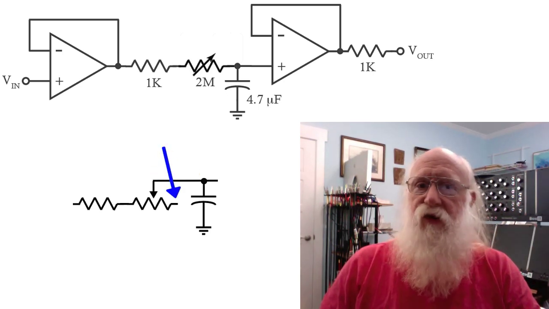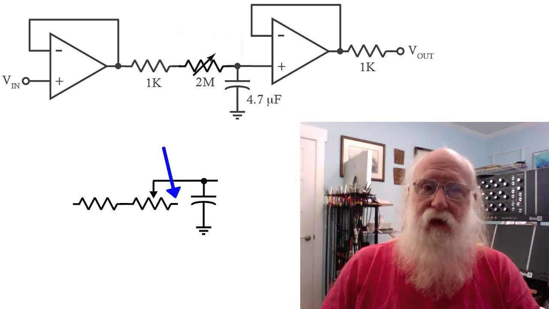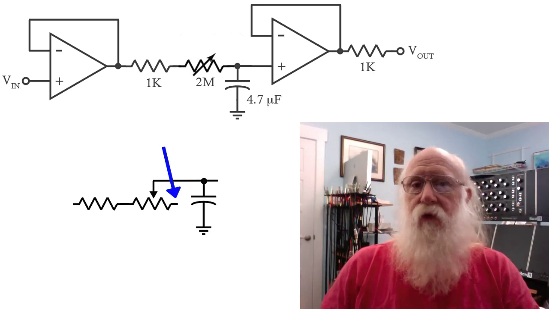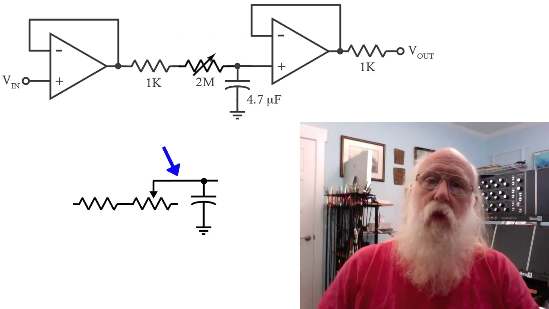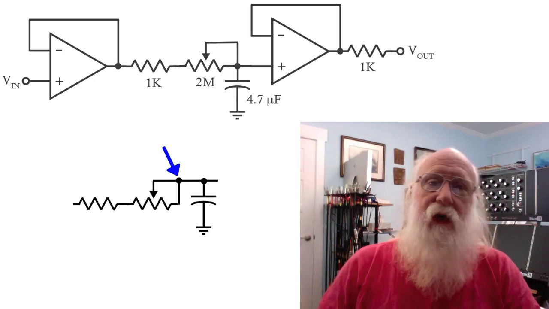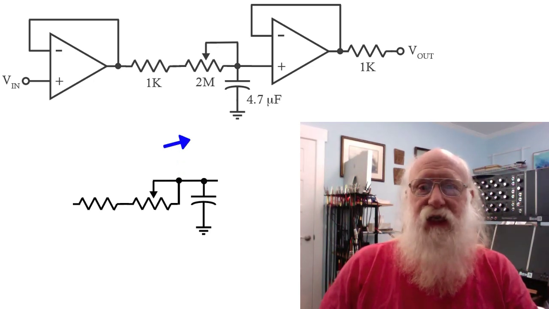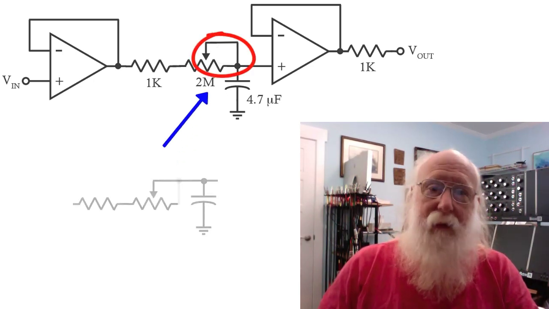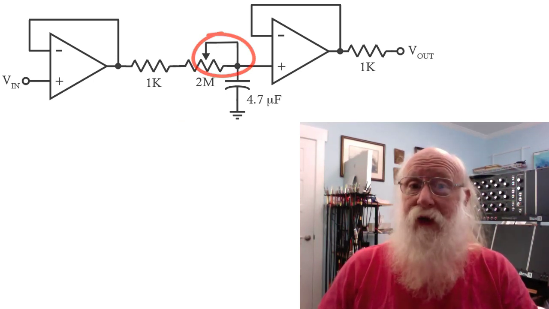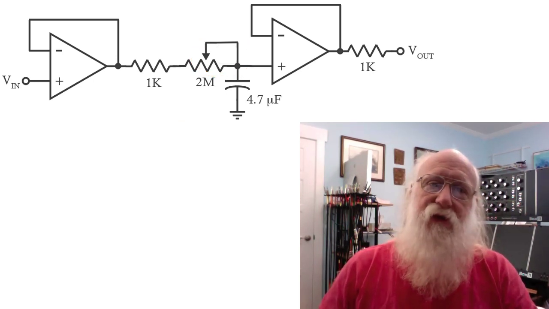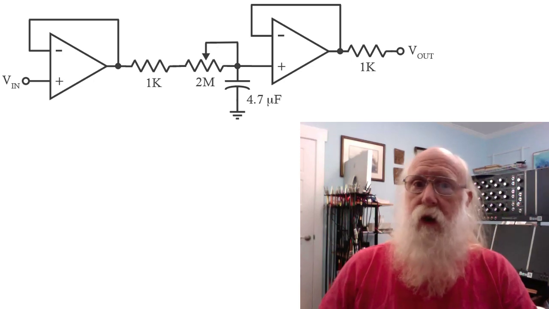However, it's generally good practice to connect the end of the potentiometer you might leave unconnected to the wiper. Basically what you're doing is shorting out that section between that point and the wiper. If you're wondering why this is the preferred method, please refer to the videos on potentiometers.